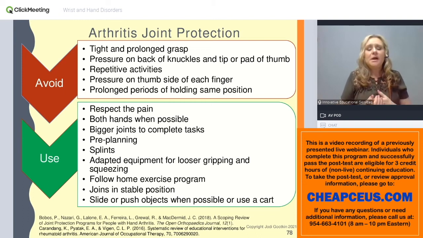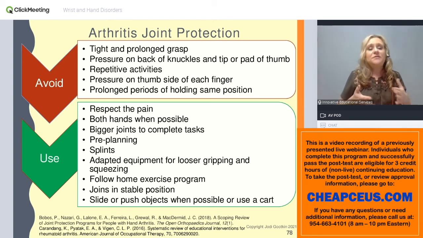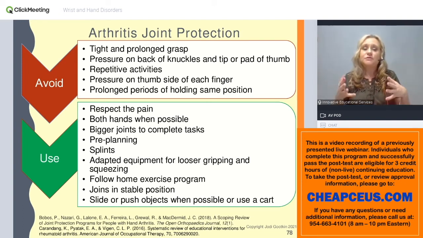Looking at how that process occurs and what actually is beneficial for patients with arthritis, there's a lot of non-specificity in the research. The couple of studies that I found, looking at how long you have to educate a patient and how much follow-up they need, found that somewhere between 1.5 to 3.25 hours of training, very specific on joint protection, spread out over more than one session, did seem to have a carryover for the patients.